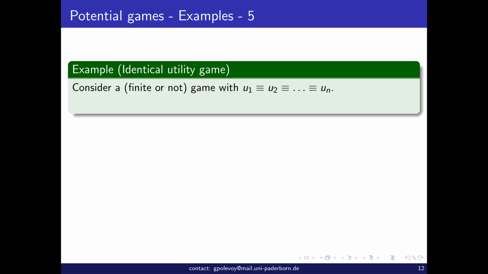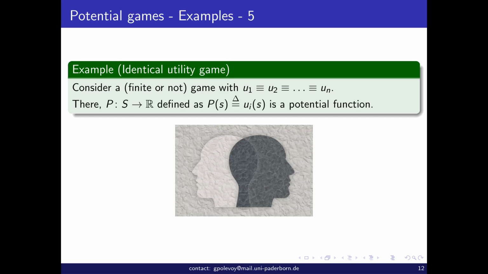So consider a finite or not game where the utilities of the players simply are identically the same function. Then just take the potential function to be the common utility, and then by definition that will be the potential function, because the players have the same ideas of what they want. So the changing player gets some change in her utility.